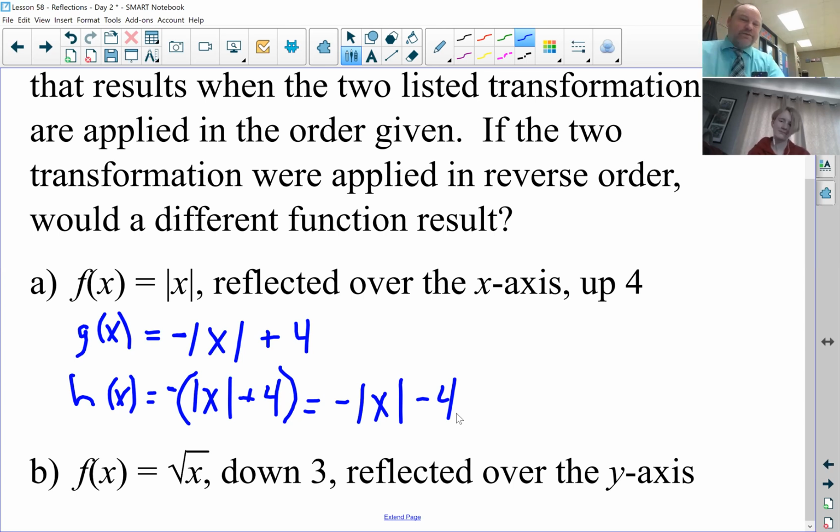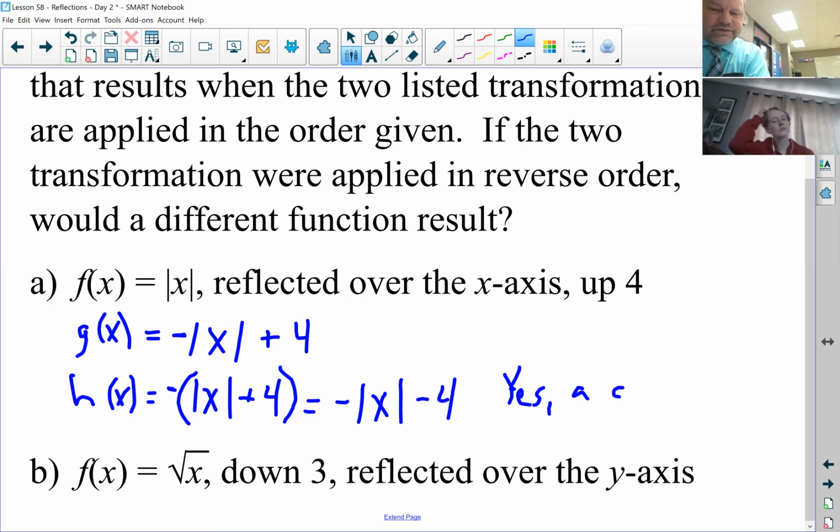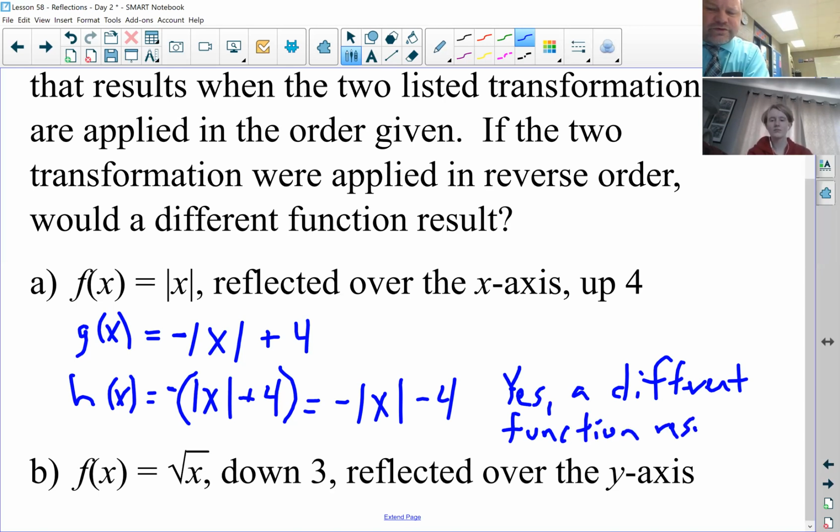No, I'm sorry. Do I have two different functions? Are g and h different? In this case, yes. A different function results.